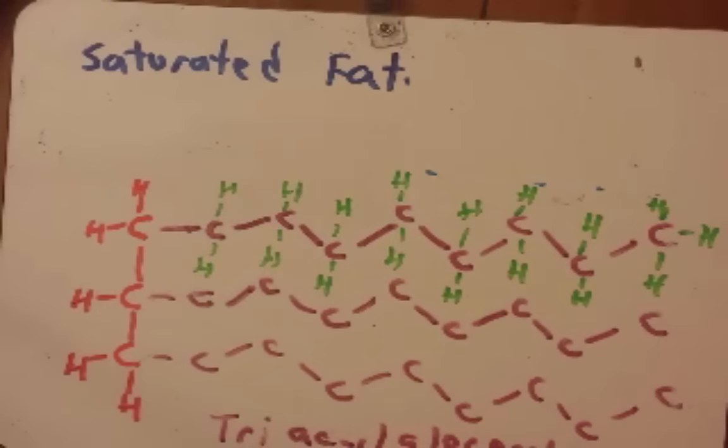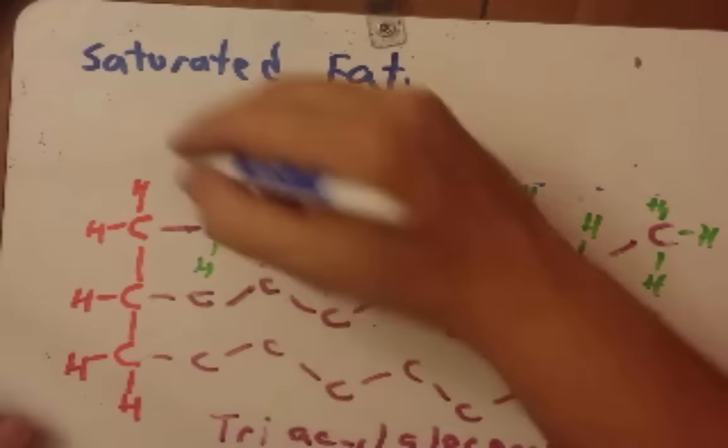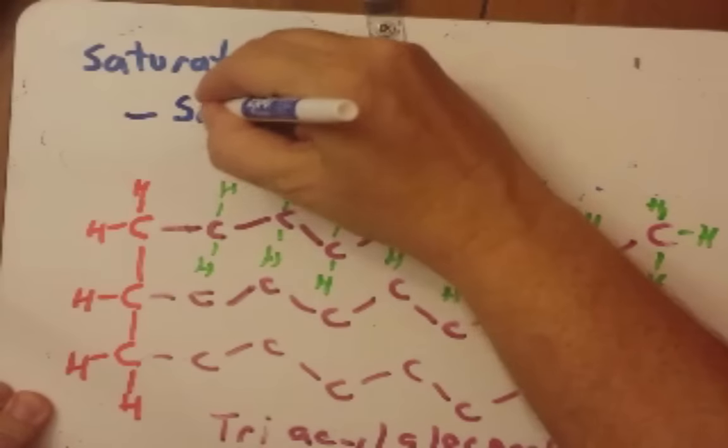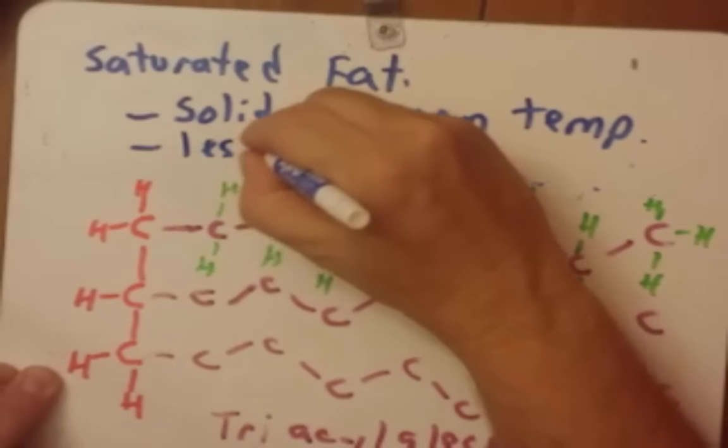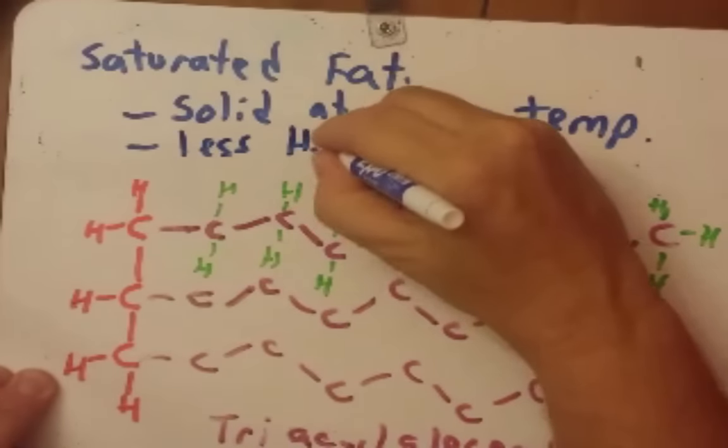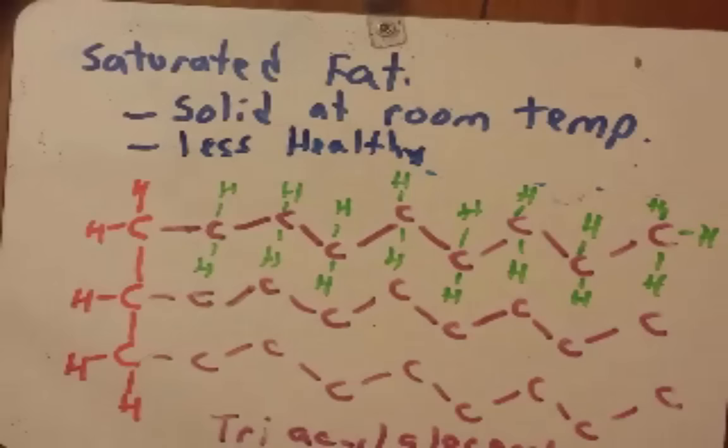Now if you remember, a characteristic of saturated fats is that they pack tightly together because of this nice linear array of the carbons. Because they can stack nicely together, saturated fats are solid at room temperature. They are also less healthy for you. A diet high in saturated fats is a risk factor for heart disease.